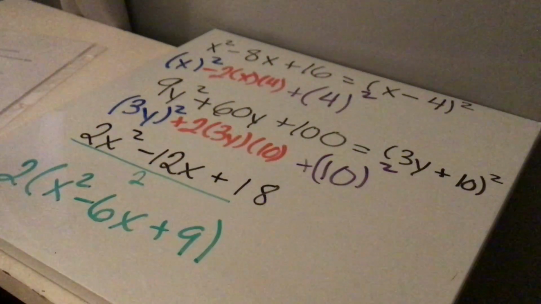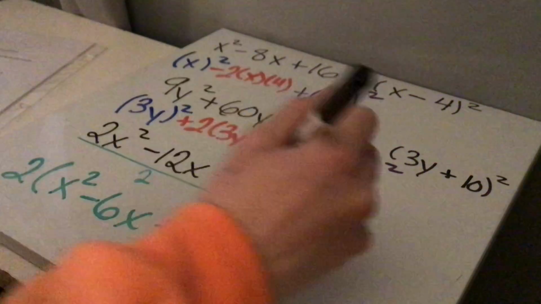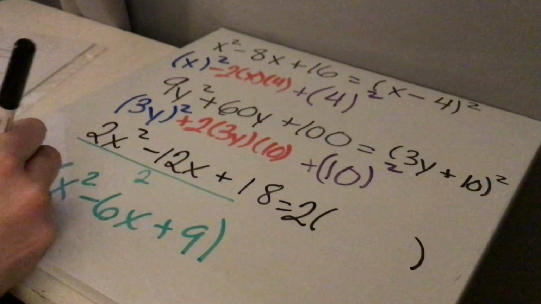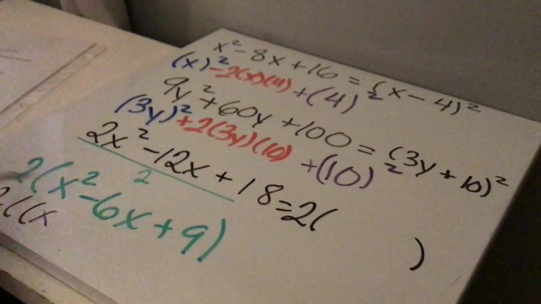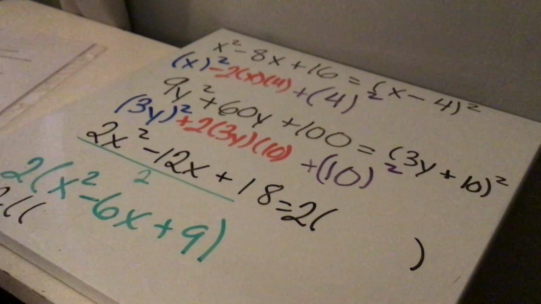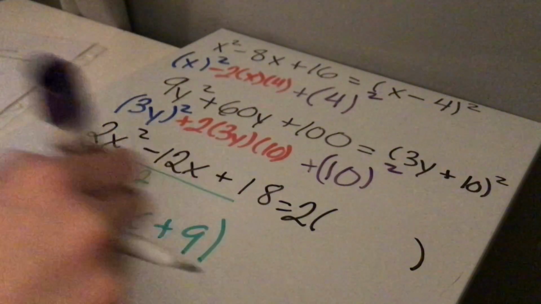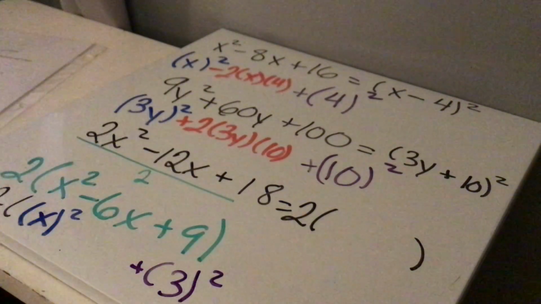Okay, then I want to see if what's left here is a perfect square trinomial. So I factored out a 2. Then x squared is just x squared. And 9 is 3 squared.